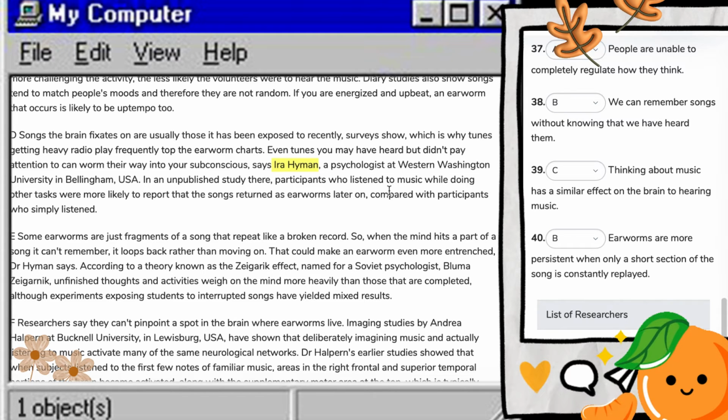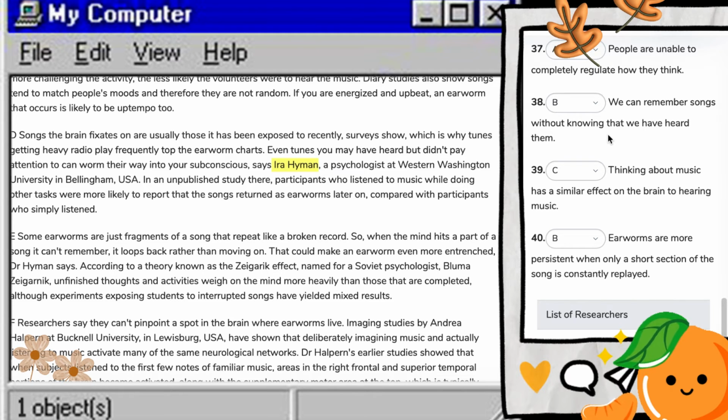When you didn't pay attention, you didn't notice, you don't know that you are listening to it, but it still gets in your head, subconscious, and when the time comes, you will hear that earworm. So the answer for question 38 is B. We can remember songs without knowing that we have heard them.